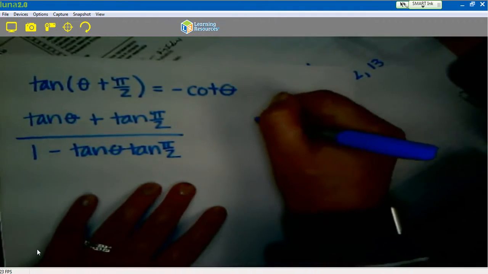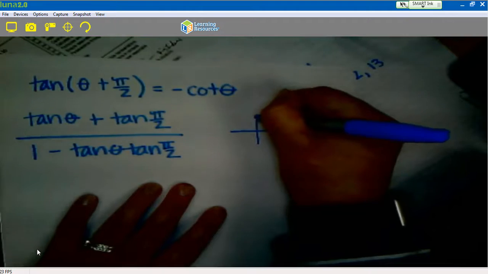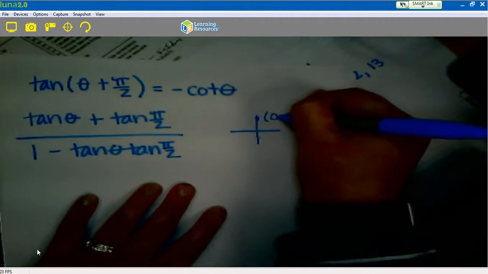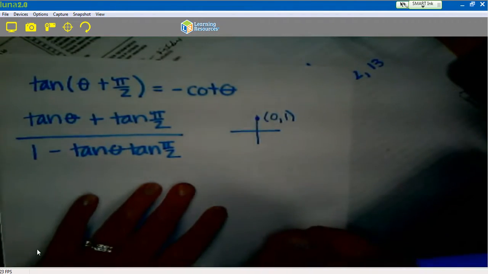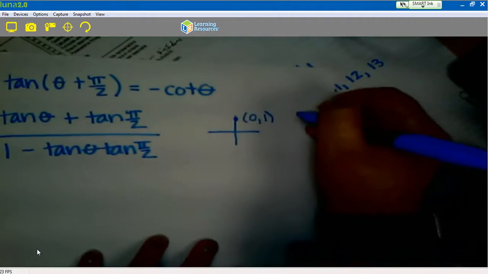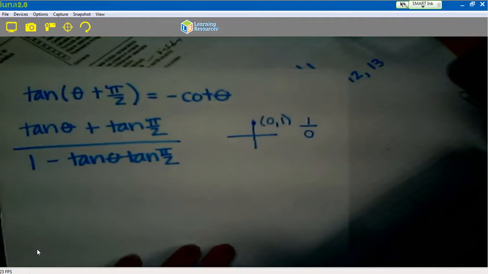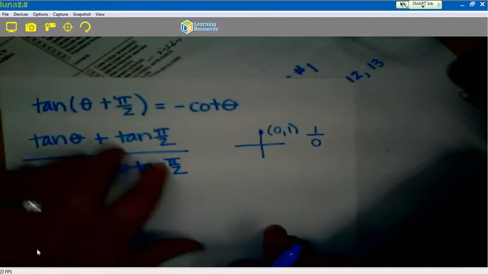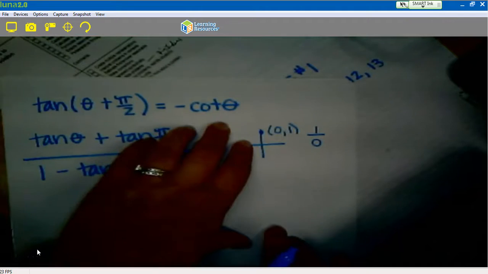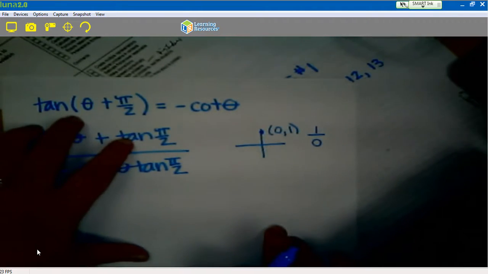We would then look at pi over 2, which has an ordered pair of 0, 1, and we know that tangent is y over x, so that'd be 1 over 0, and that is undefined. So we cannot verify the left is equal to the right using the expansion of tangent.